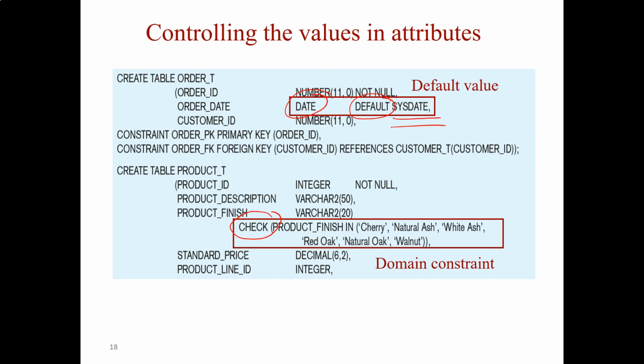This way, if the user mistakenly enters a product finish that's outside this list, the DBMS will return an error message. As product finish is a text field, it is important that you use single quotes around the product finishes and separate each value using a comma.